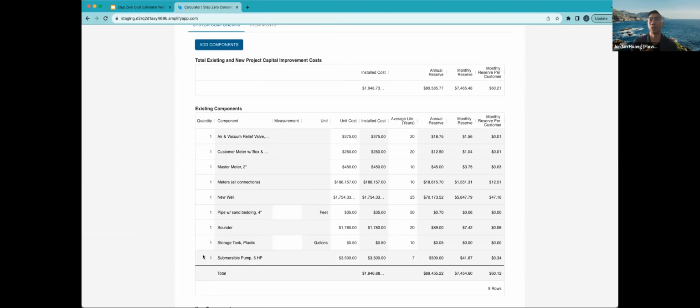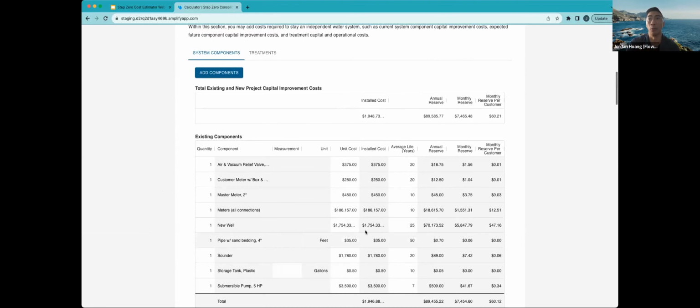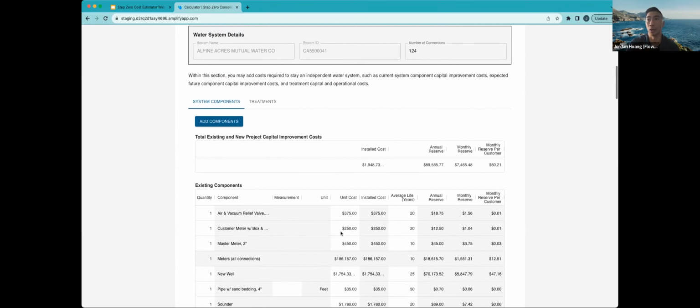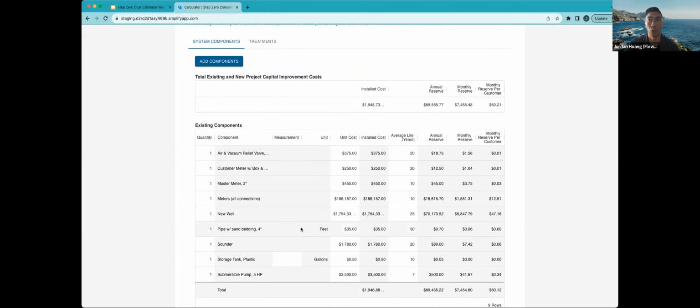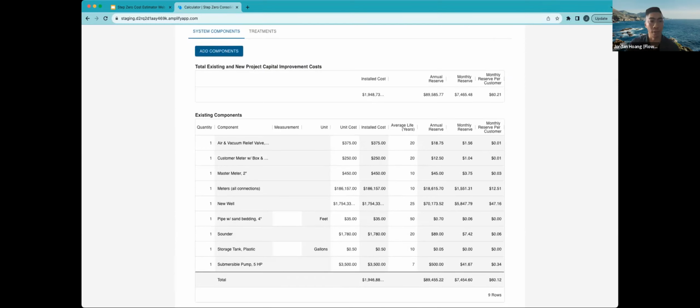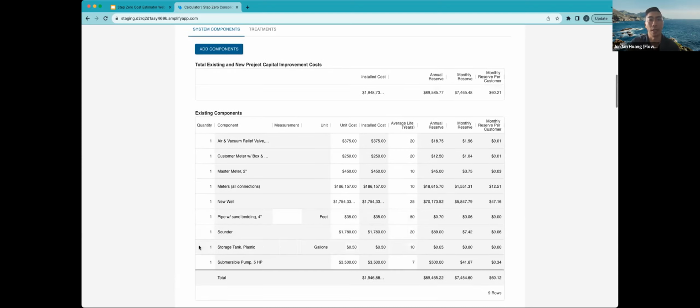For the water system components where we were able to identify a formula or a way of calculating a more accurate number, we use that, and some of these are calculated using the water system details such as connections or population. Others, which are a little more rounded, we just worked on getting, again, a ballpark estimate for what that component may cost.